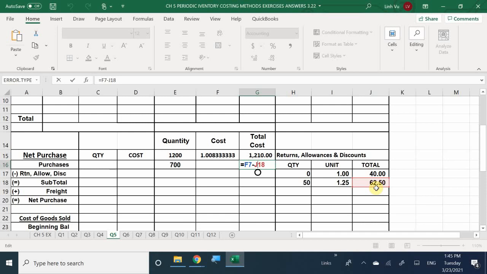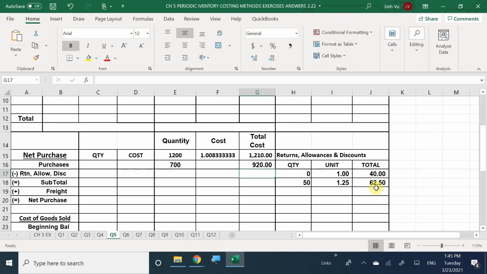So I subtracted my 62.50 to get a grand total of 920. Now, when I solve for my cost of goods sold, I need to make sure I calculate the correct amount. I'm going to solve for my new cost per item because I have fewer items and a lower total cost.